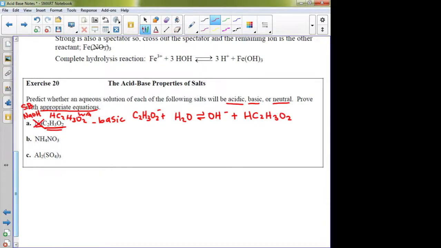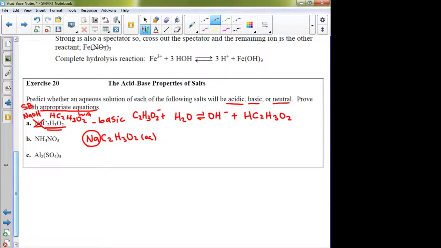So why is C2H3O2 negative a reactant? This is nothing but a net ionic equation. Remember we did last year, if it was soluble, if it was aqueous, we show it broken apart, and if it wasn't, then we showed it together. So let's look at this. We have NaC2H3O2, which is aqueous, I know, because anything bonded to sodium is aqueous.